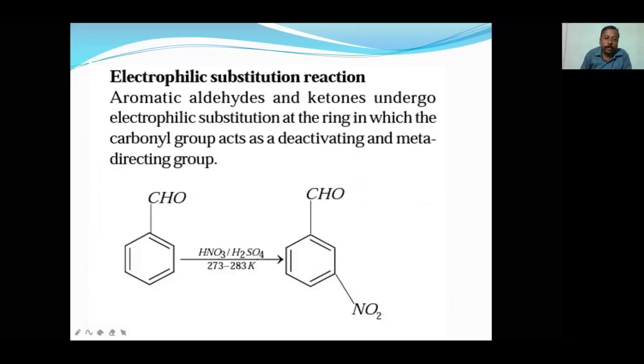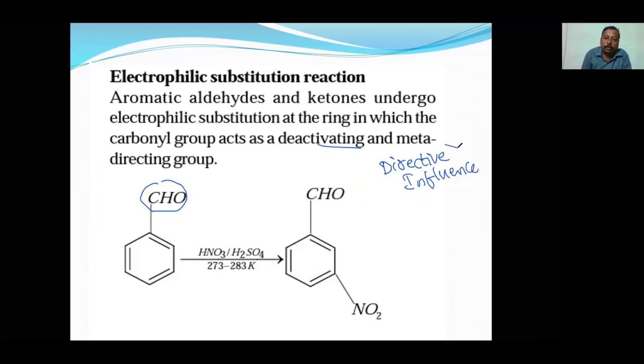So here, electrophilic substitution. Whether it is aldehyde or ketone, that is meta directing. What directing? Meta directing. Anyhow, I will be explaining in a short way, but this is called directive influence. What do you mean by directive influence?